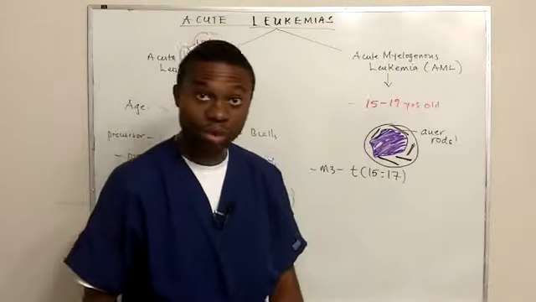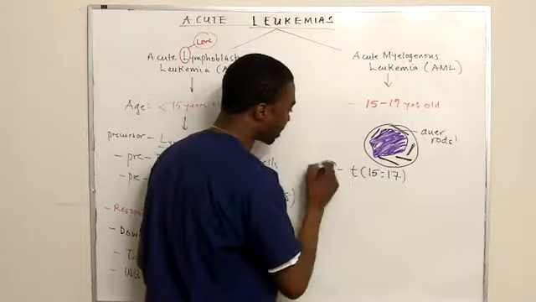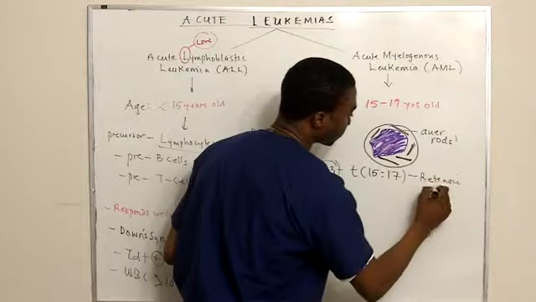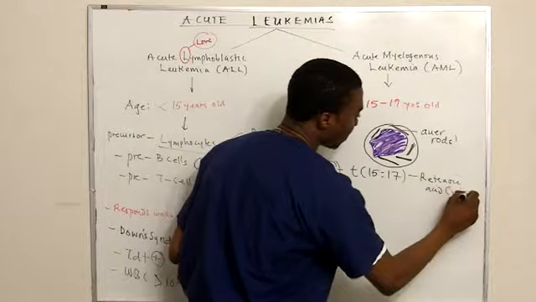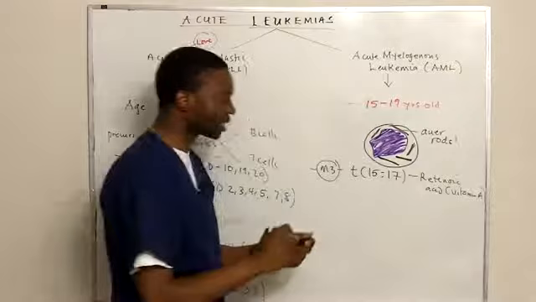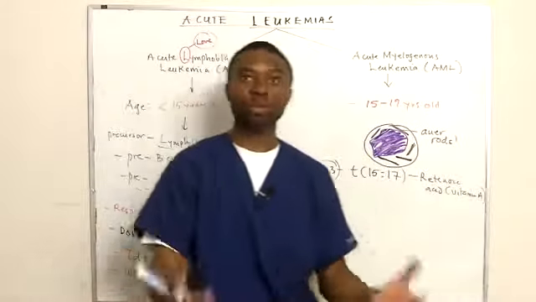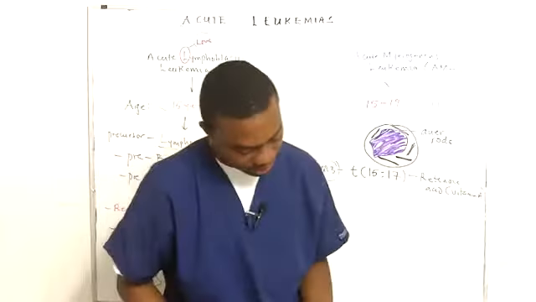So that is good news, right? Because if you have the M3 type and we give you retinoic acid, which is basically vitamin A, what it does is actually convert the immature cells into mature ones, therefore curing the disease.